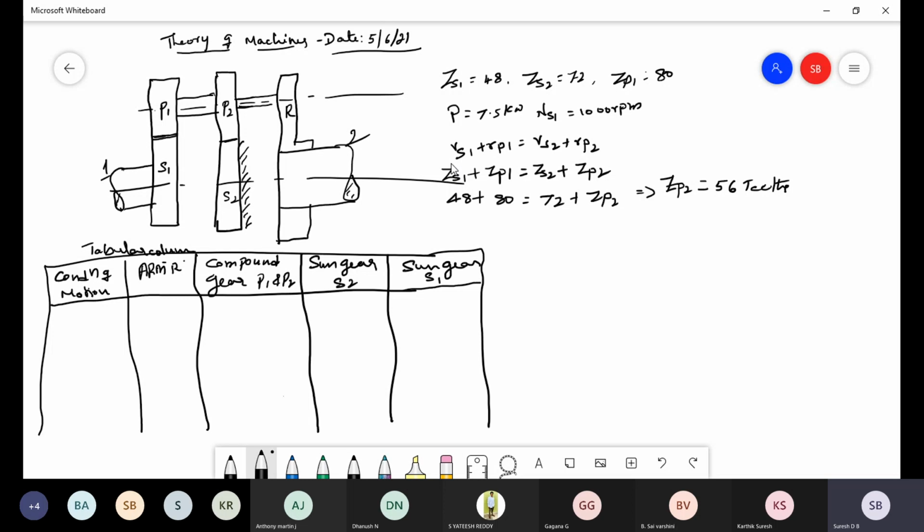This is the tabular column according to the gear train. First, what is the condition? Either S1 or S2 you can consider.